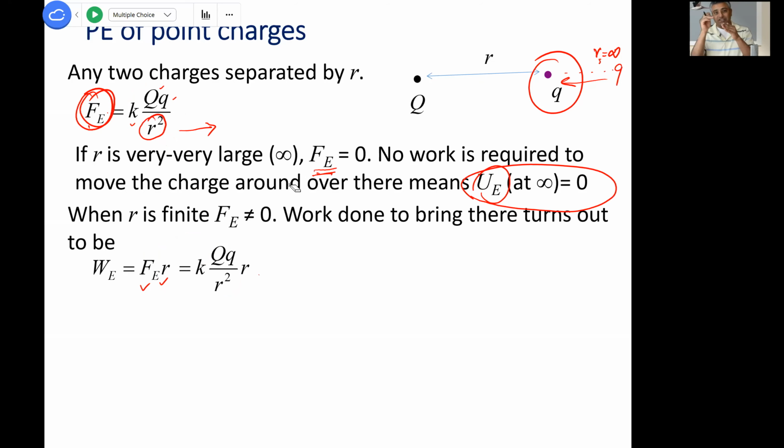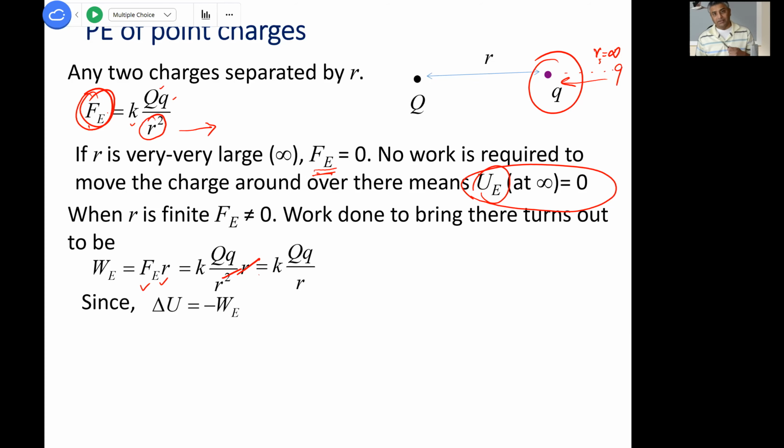Force changes with r, and r is changing as you move closer and closer, but here I'm taking a little shortcut, and let's say that cancels, giving me this as the equation for the work done.